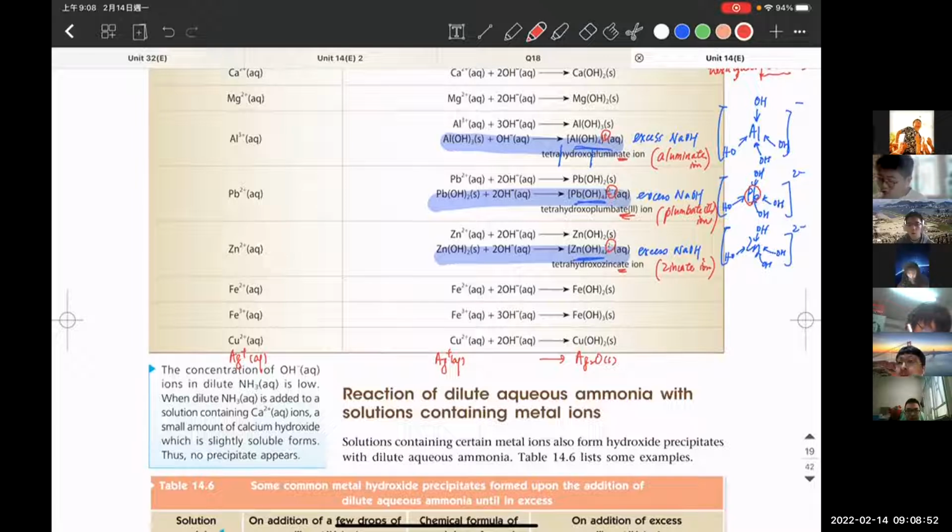Oh, what do you search? My question is having silver ion react with hydroxide to form silver oxide. You search it again.